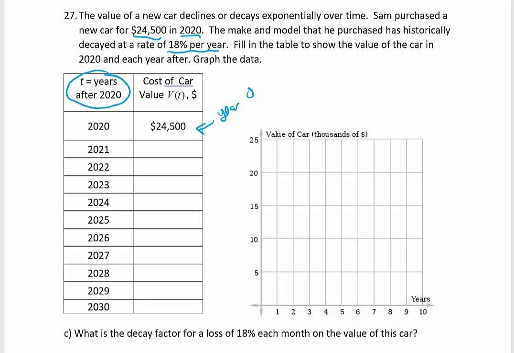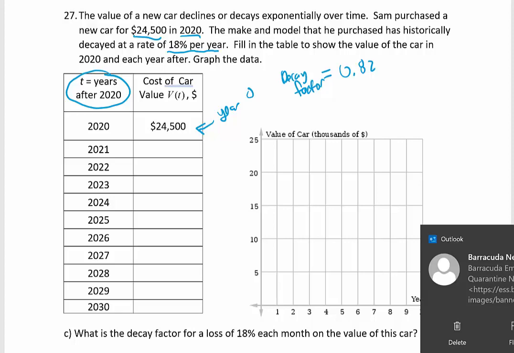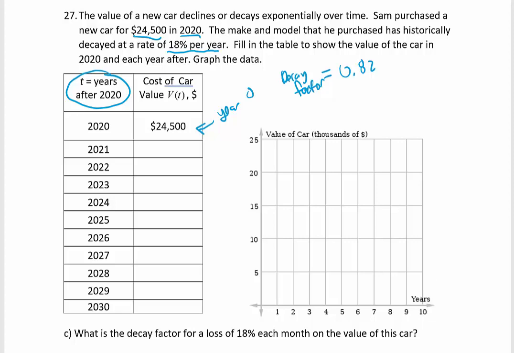Okay, so now we want to calculate for 2021 with an 18% decay rate. If it decays at 18%, that means that 82% is left. So our decay factor is going to be 0.82. So I want to take the value of the car, 24,500, times 0.82, my decay factor, which would represent an 18% depreciation or loss of value, and that would give me $20,090.